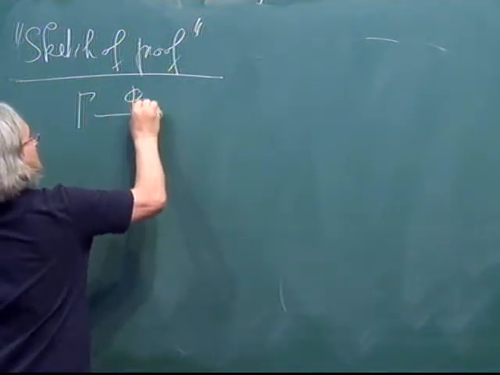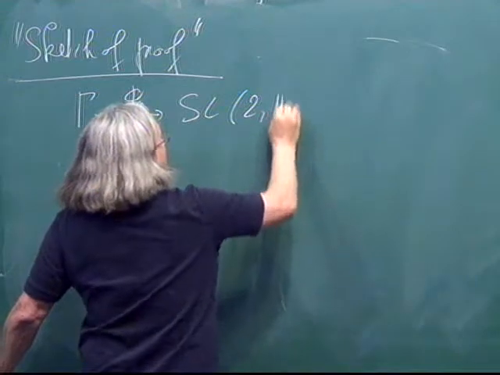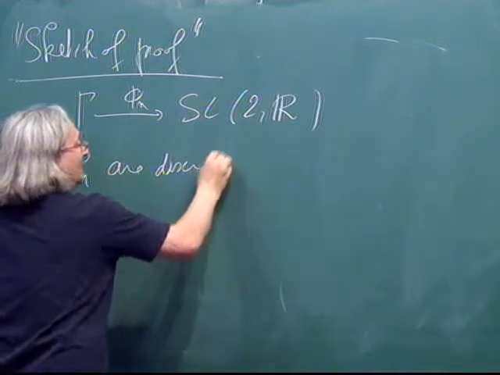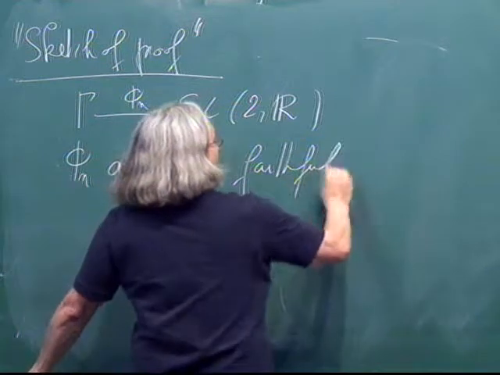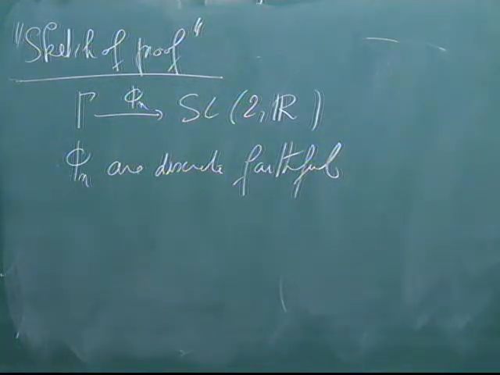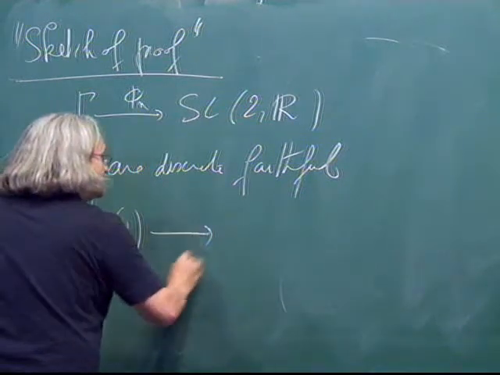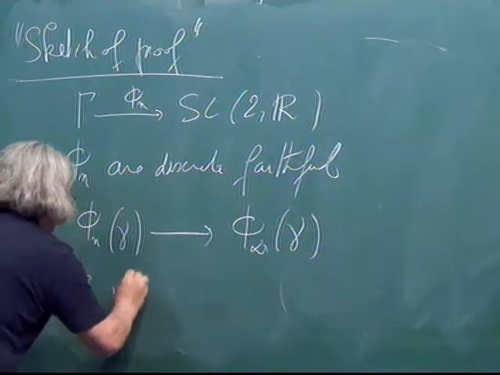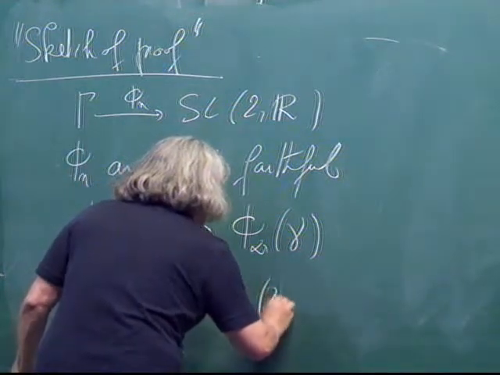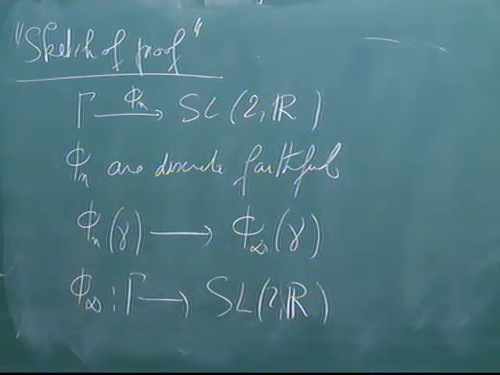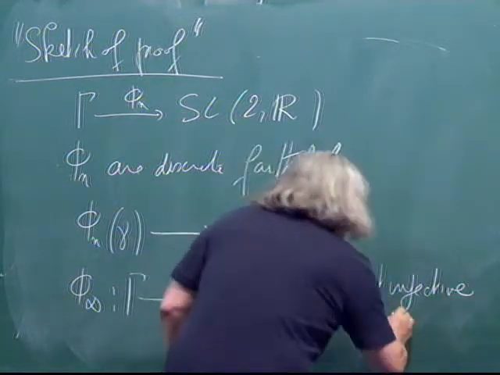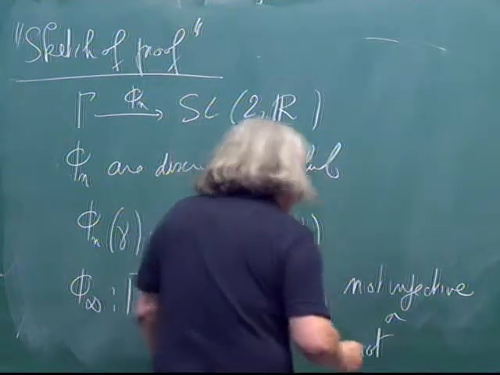So you would have a family of representations, phi sub n, in SL2R, such that all of them are discrete and faithful, and such that phi n of gamma converges to some phi infinity of gamma, where phi infinity is not injective, or not discrete.